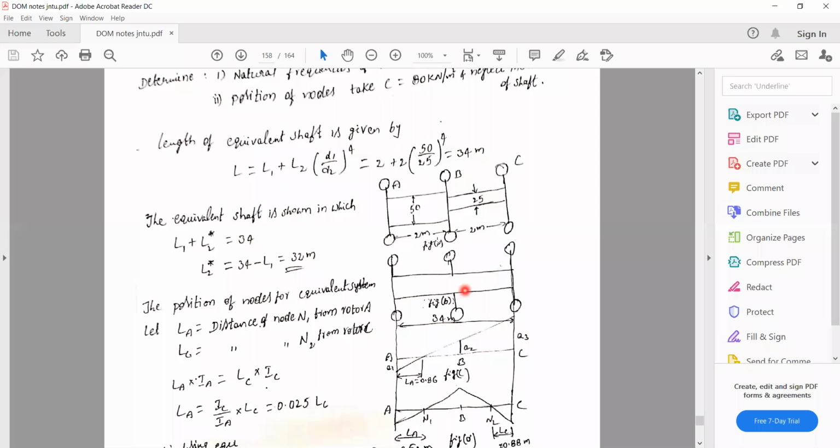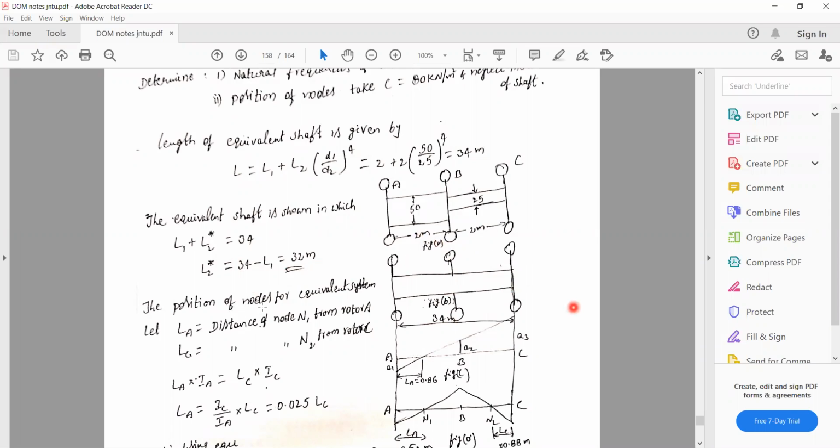In that 34, 2 meters already came for L1, and the other is L2 star. L2 is also 2, but the L2 star value is 34 minus L1, that means 32 meters. L2 star is 32 meters.